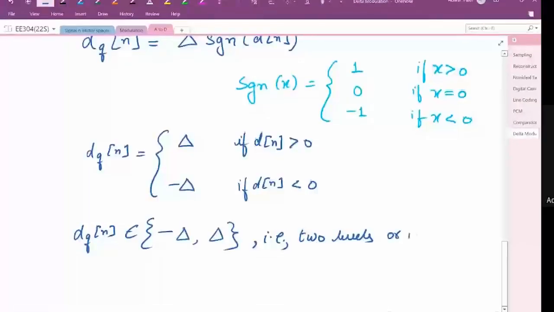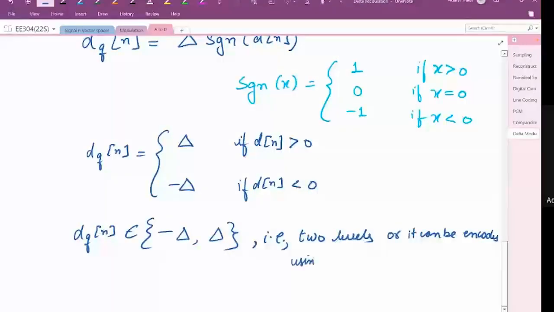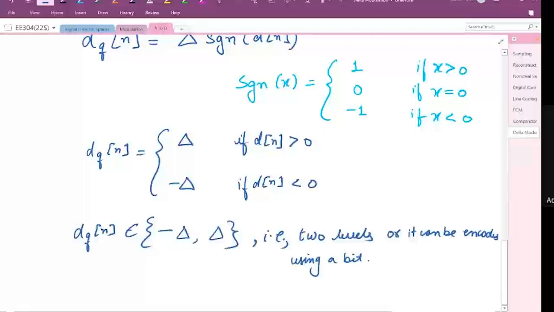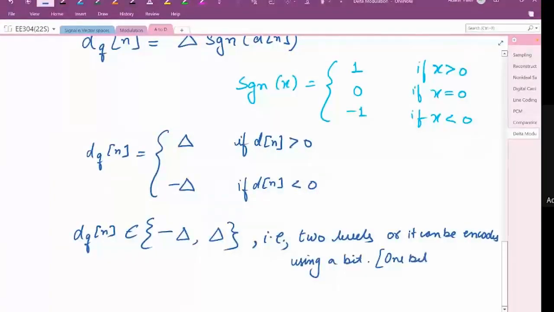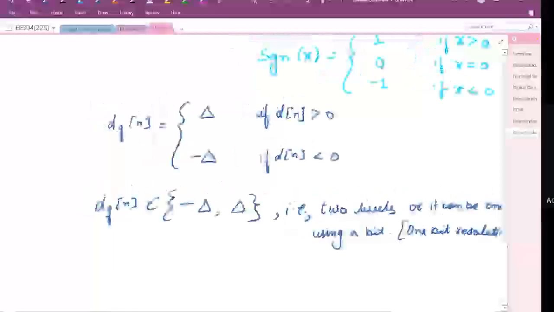Yes, it can be encoded using a bit. So the resolution is one bit resolution.